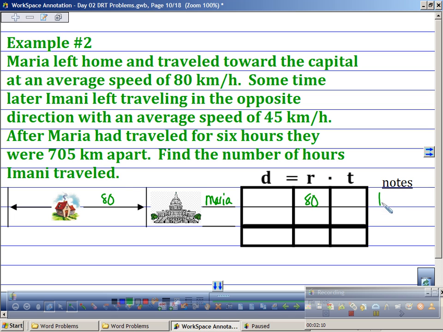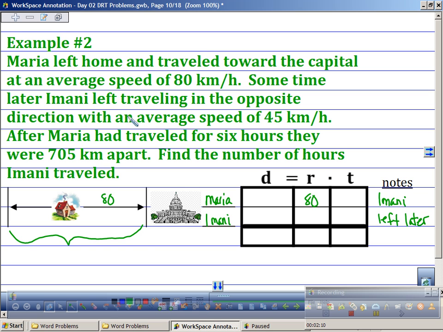His name's Imani. Sometime later, Imani left traveling in the opposite direction. Opposite direction means what? Different distance. Means we're going to have to total up their distance.